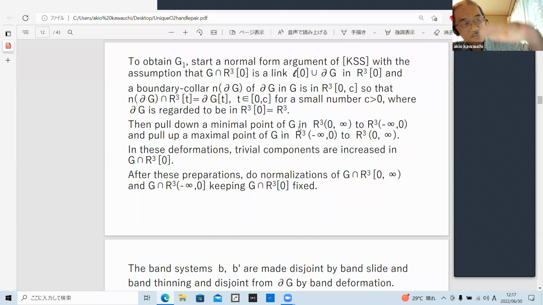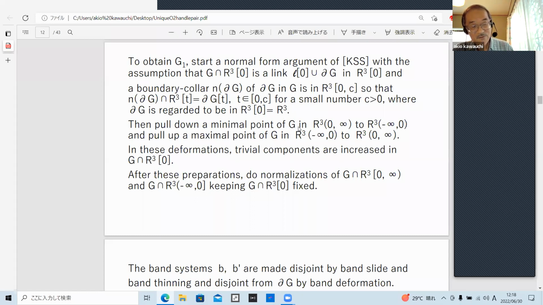In the upper four space there is a normal form, and a minimal disk there in the upper case, so we need to pull it down to the lower four space. In the lower half four space the maximal disk appears in the normal form, so pull up.